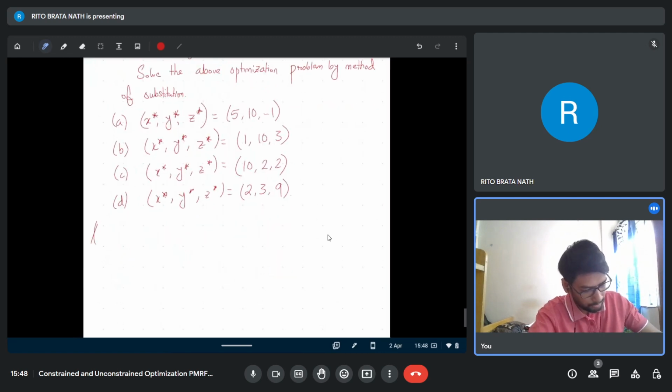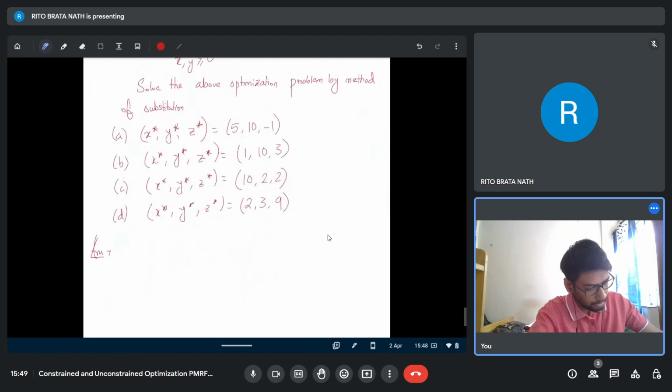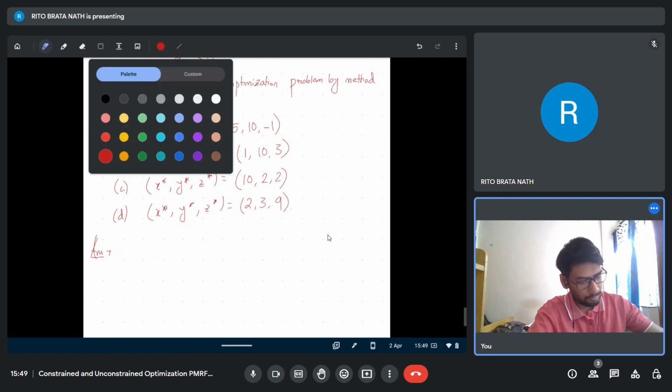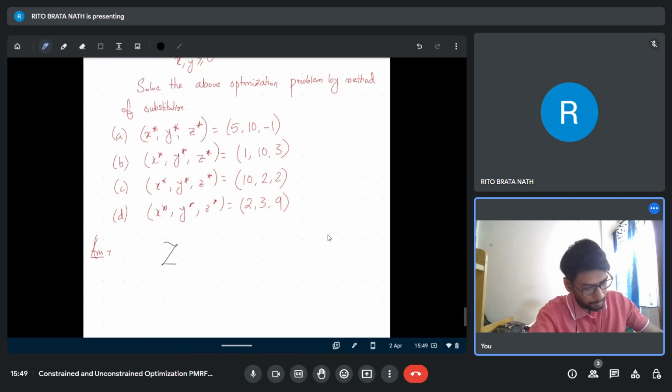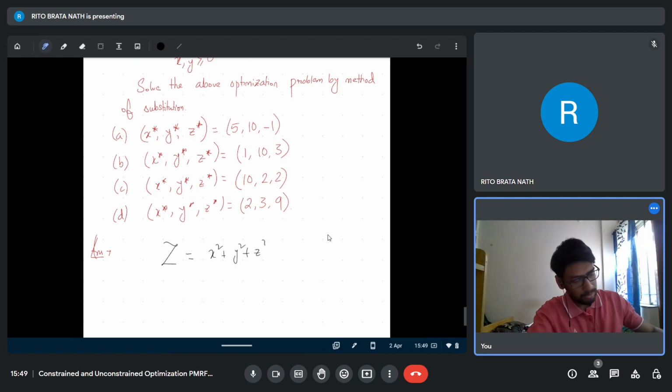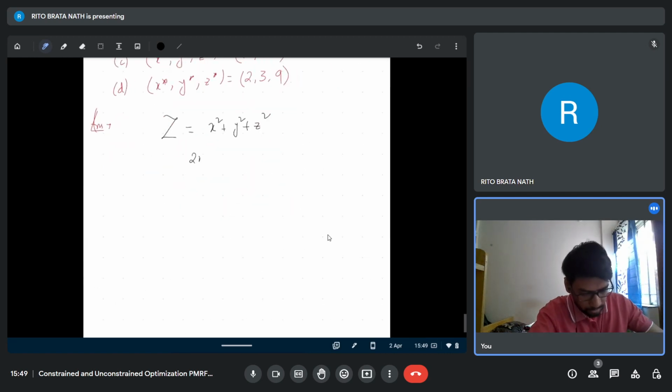let's do this. So what you have here is that capital Z is x squared plus y squared plus z squared. So take one of them. So 2x plus 3y plus z equals 14 is given, and the x, y relations are given.